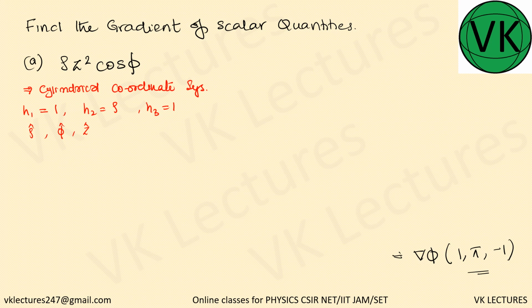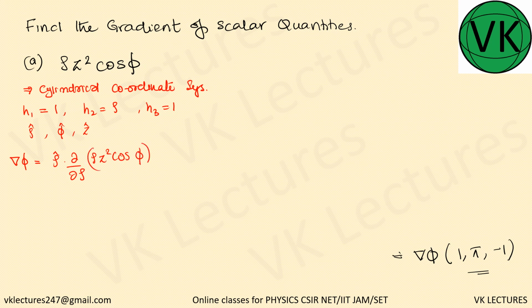So what we can write, del phi is equal to rho cap into dou by dou rho of rho z square cos phi.